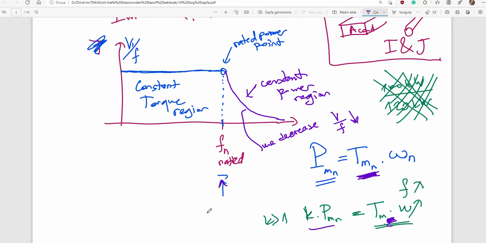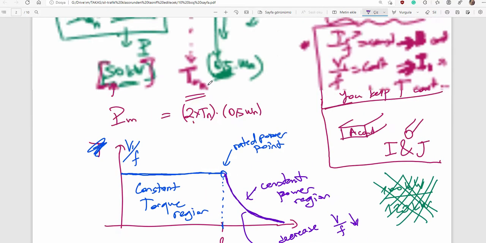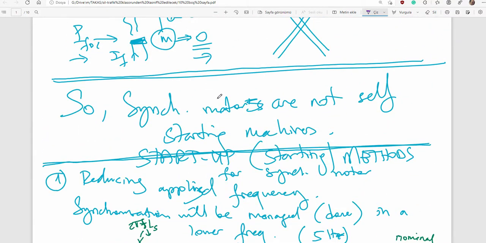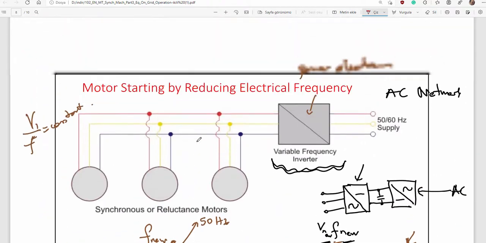Operation over rated frequency, in such a case we keep only output power constant, so we reduce that ratio appropriately on such a curve. Okay, that's enough for speed control and starting by using reduced frequency.